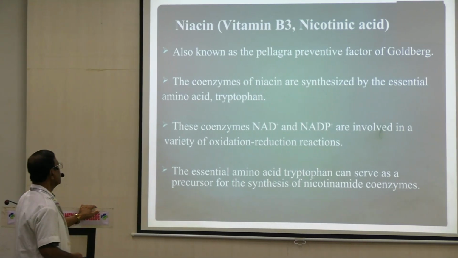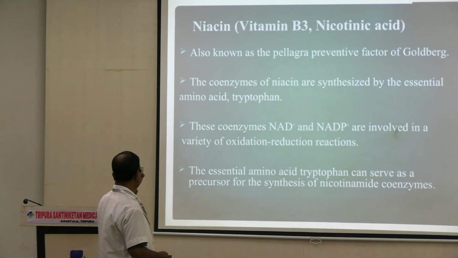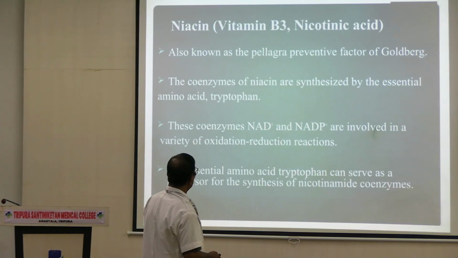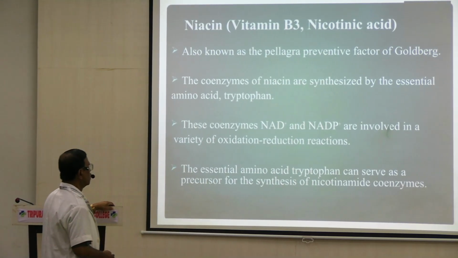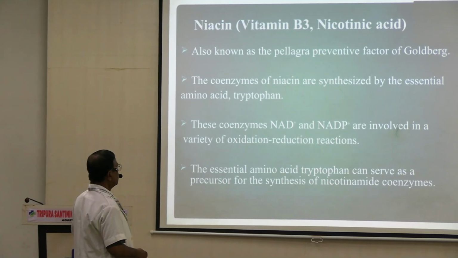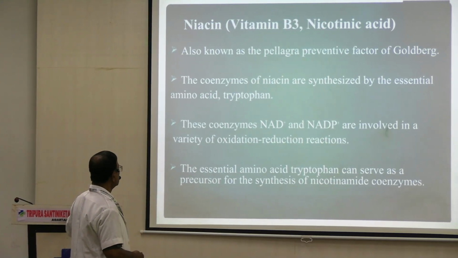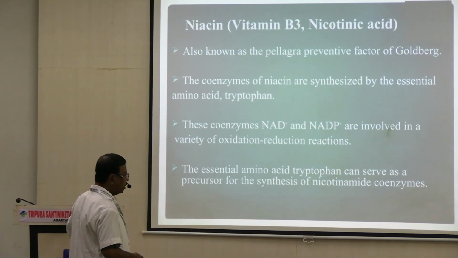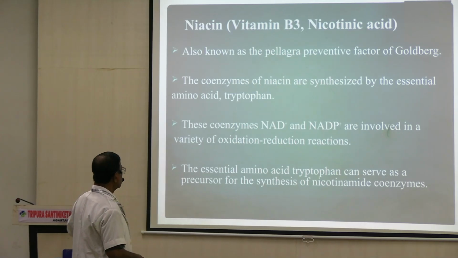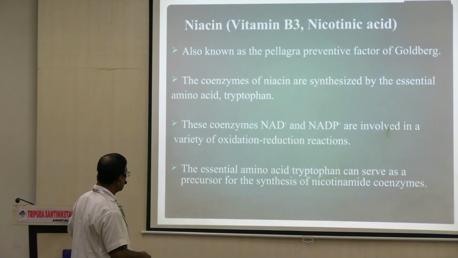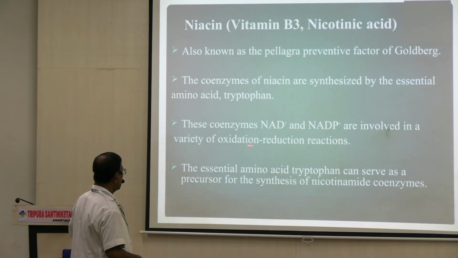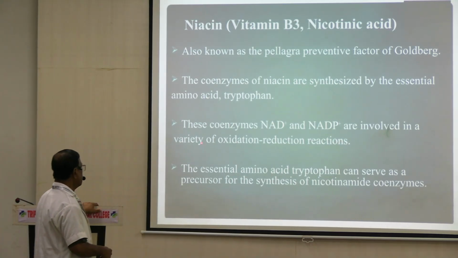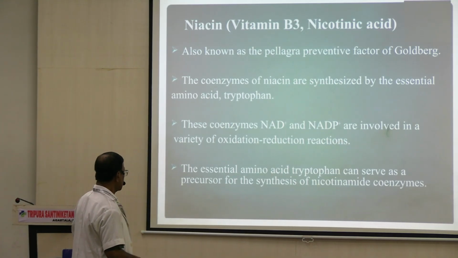Niacin. It is also known as the pellagra preventing factor of Goldberg. Coenzymes of niacin are synthesized from the essential amino acid tryptophan. These coenzymes are NAD and NADP, and they are involved in a variety of oxidation reactions.